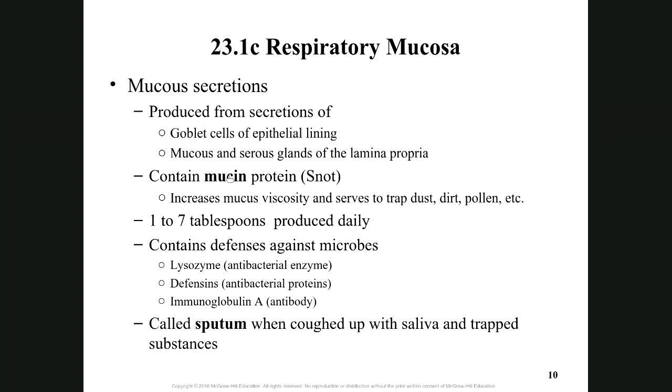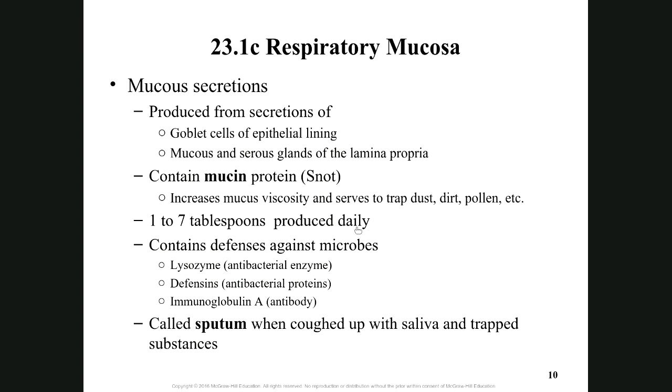The mucus contains a protein which we call mucin, or snot, and it increases viscosity. This mucus can trap dust, dirt, pollen, and everything which enters our nasal cavity. During the day, we can produce 1 to 7 tablespoons of mucus.